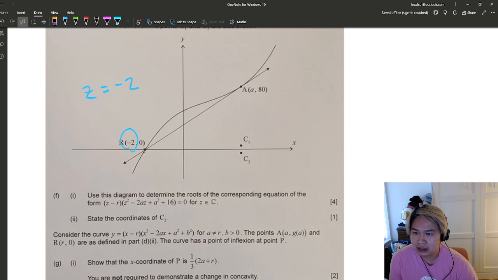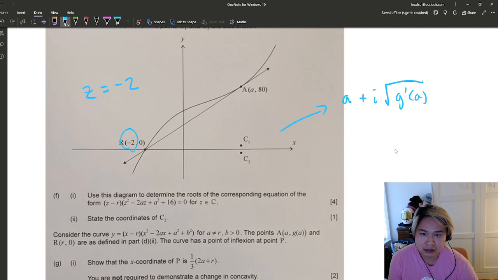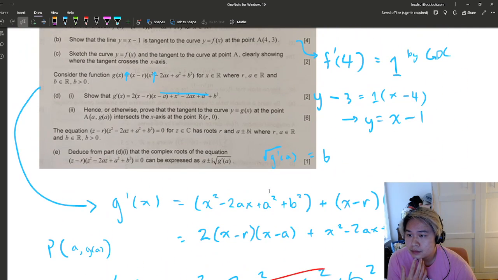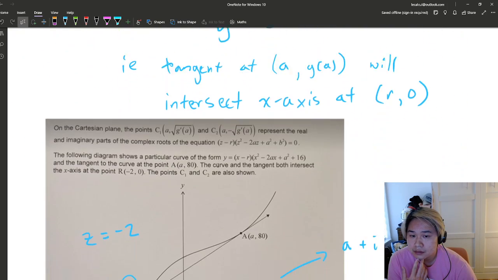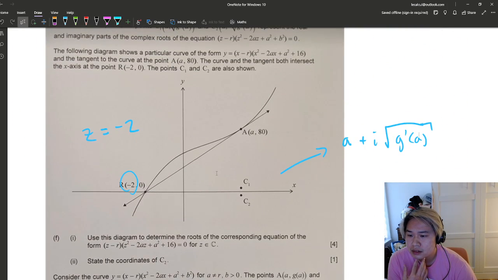And then the other roots are in the form a plus or minus the square root of g of a, like this.